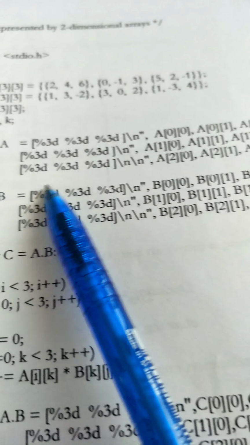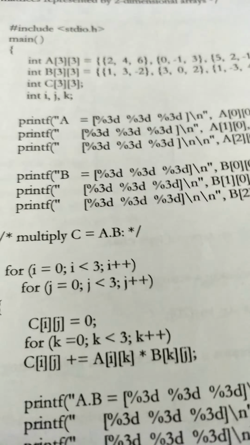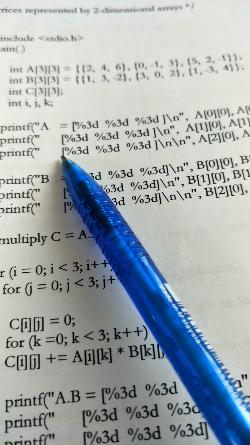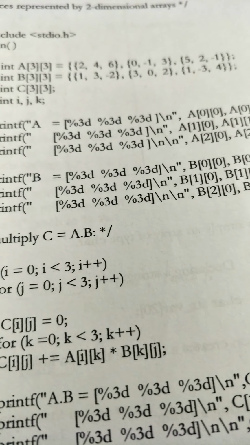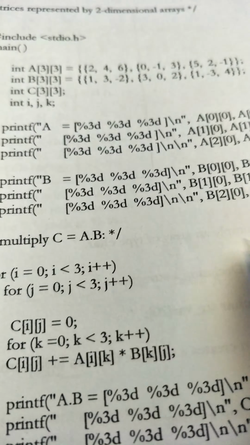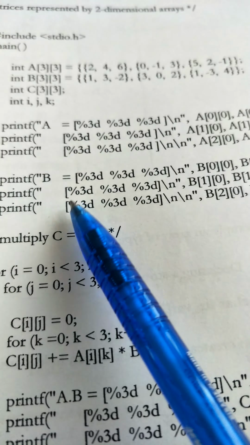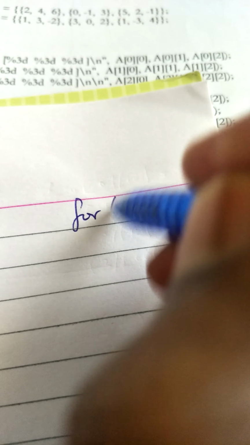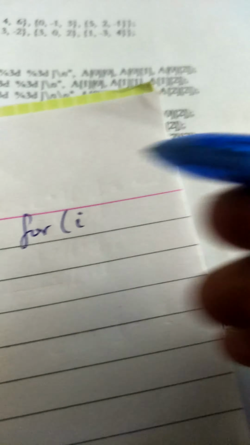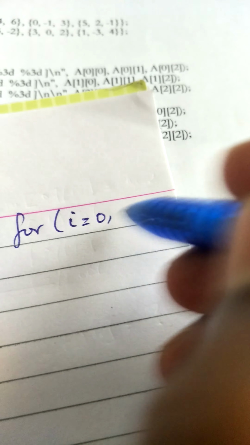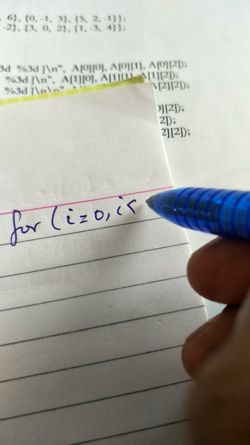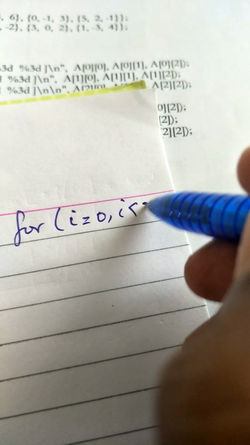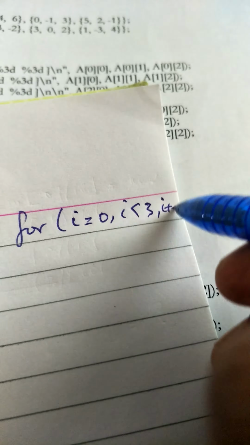Instead of writing one by one like this, you can use for loops. Just make 2 loops, for I, for J, and then you can print A and B without doing it like this. I mean, if you don't understand, you can write: for I from 0, I less than 3, I plus plus.